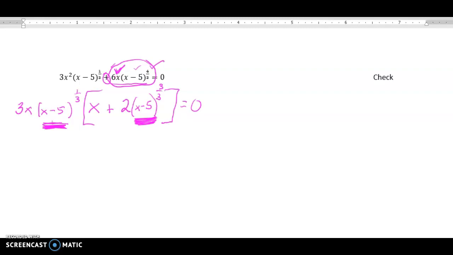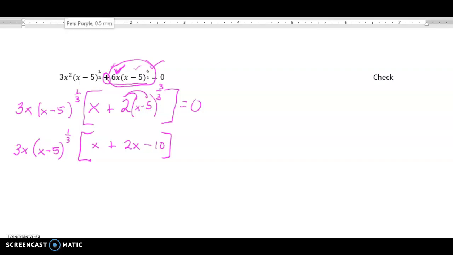So if we were to, let me erase all these extra marks. If we were to take 3x times x minus 5 to the 1/3, and we were to combine like terms, we would have 2x minus 10 if we distribute, and after combining like terms, we would have 3x minus 10.